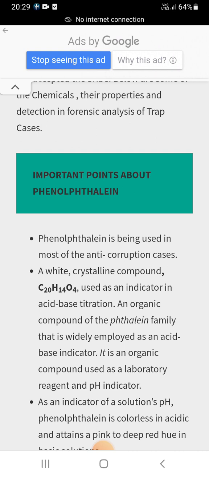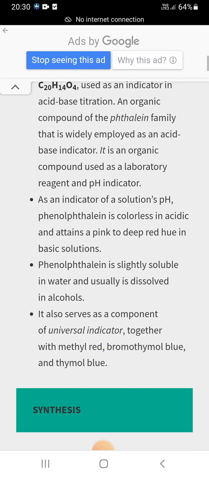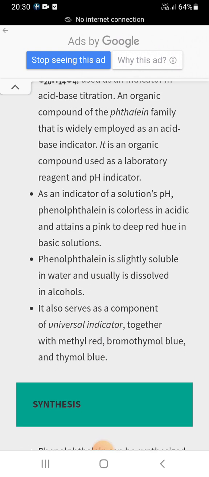It is also used as a pH indicator. Phenolphthalein is found in 4 different forms. It is generally colorless in acidic medium and attains pink color in basic medium. It is soluble in water.